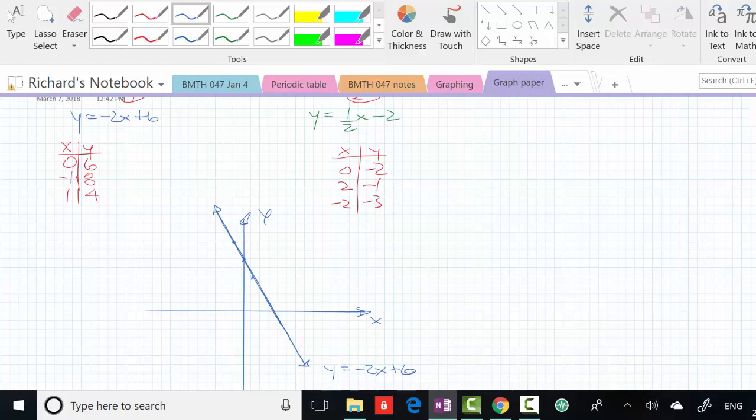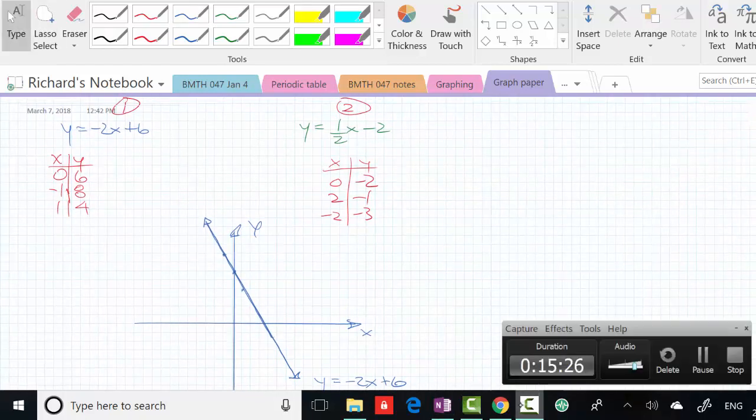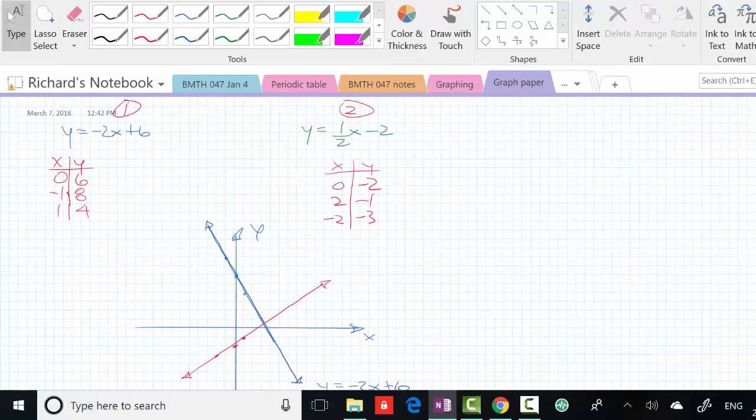Now I'm going to plot the points and draw the line for graph number 2. So now I've drawn the graph for the ordered pairs corresponding to equation number 2. I'm going to label equation number 2 on my graph.